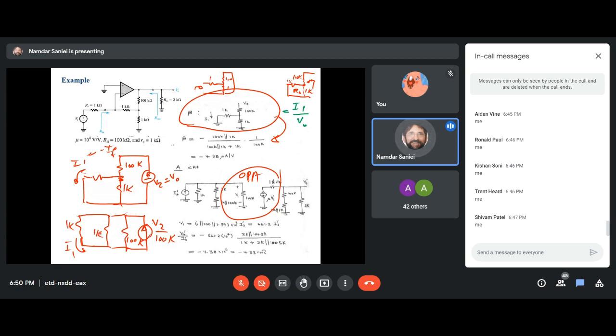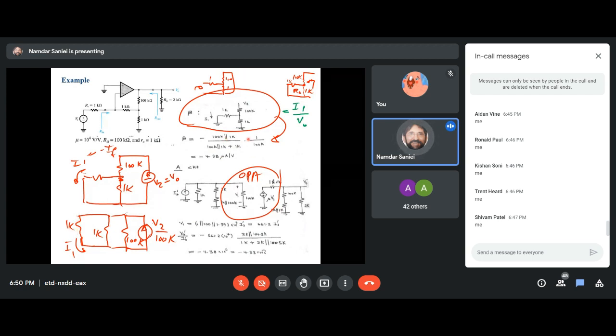So if we consider the parallel of these 2 as the second branch, the current going through the first branch is proportional to the resistance in the second branch, which is the parallel of these 2, divided by the summation of the parallel plus the first branch resistance.